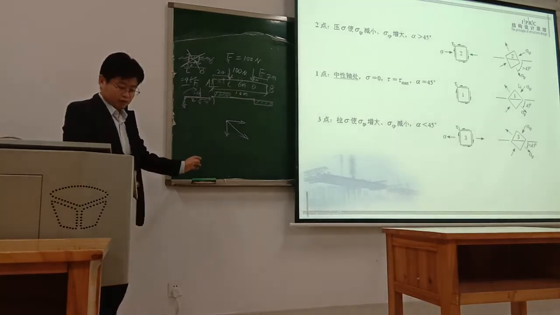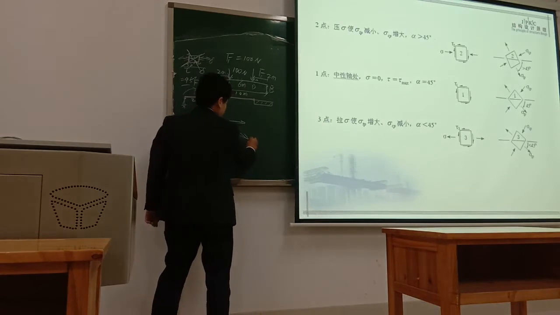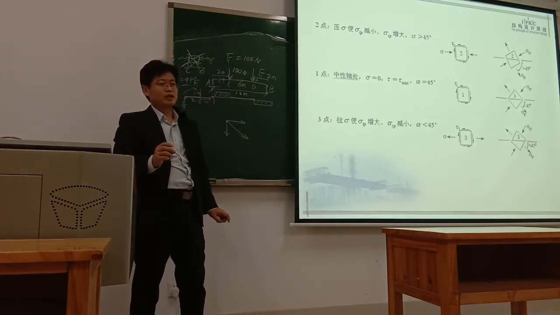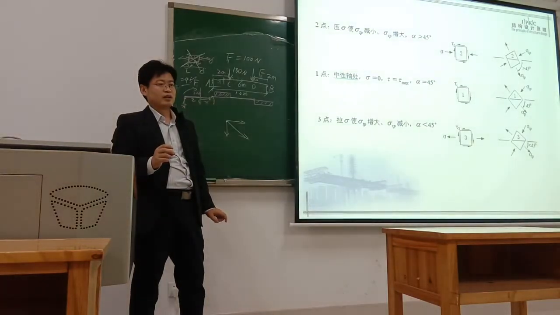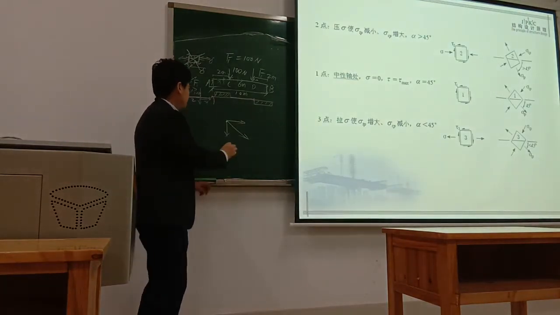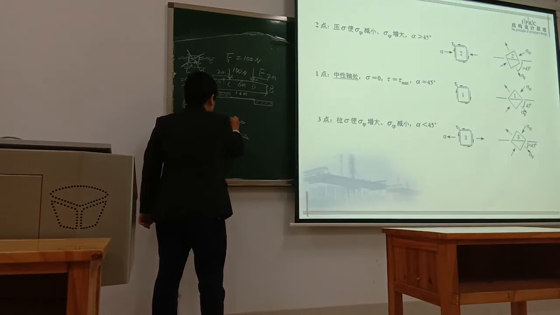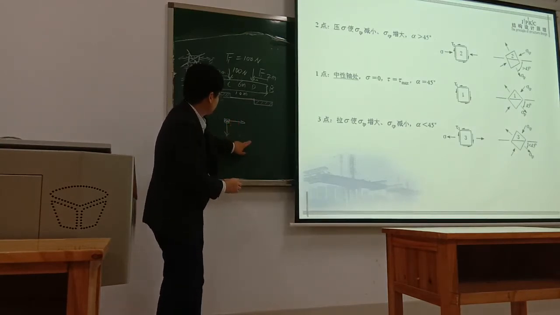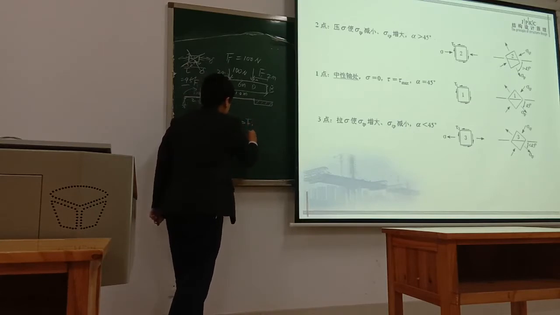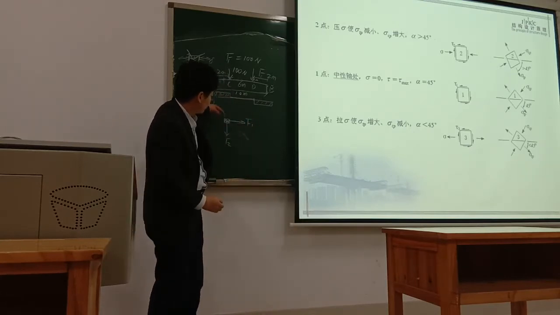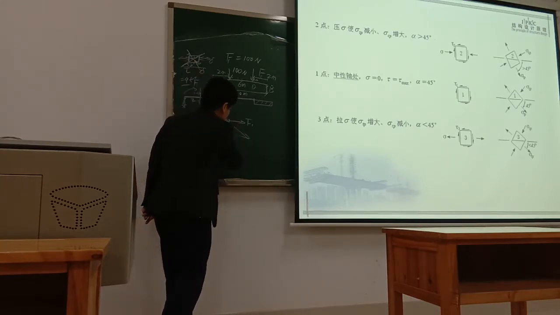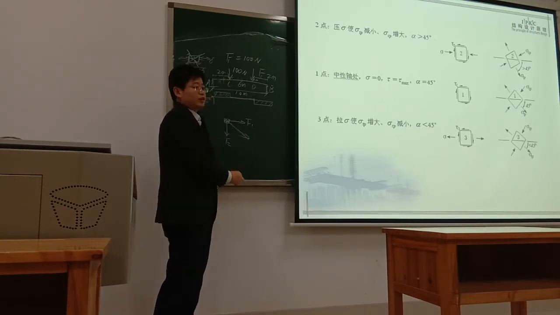So how do you call this force? I don't know if it's a product force or. Yeah. In the real situation, you pull this direction with force 1 and force 2. The result is going this way. So the real resultant force should be this direction.